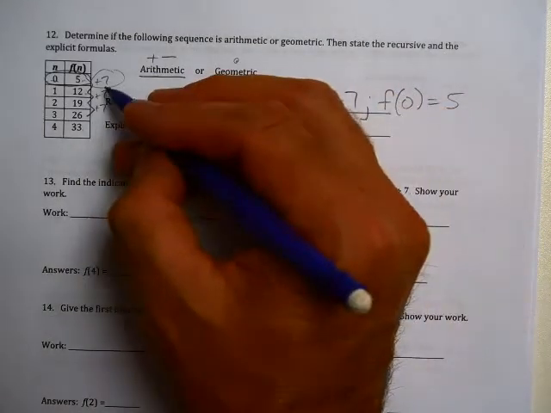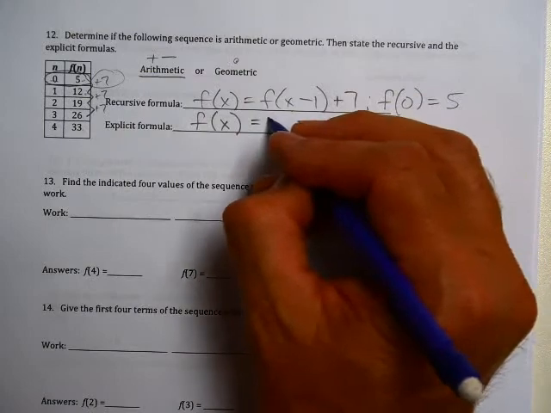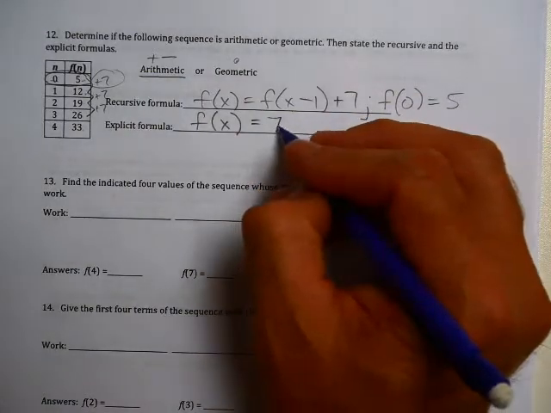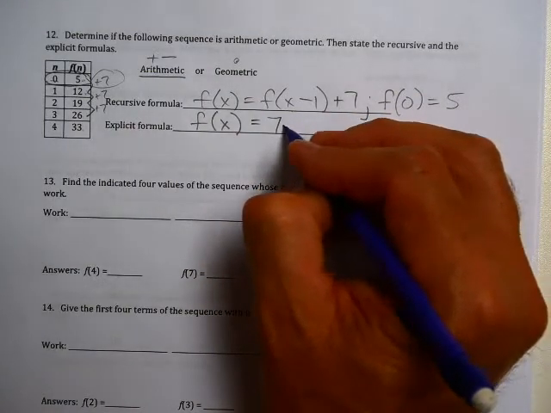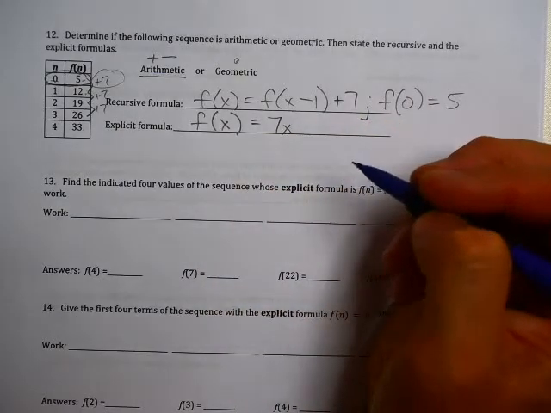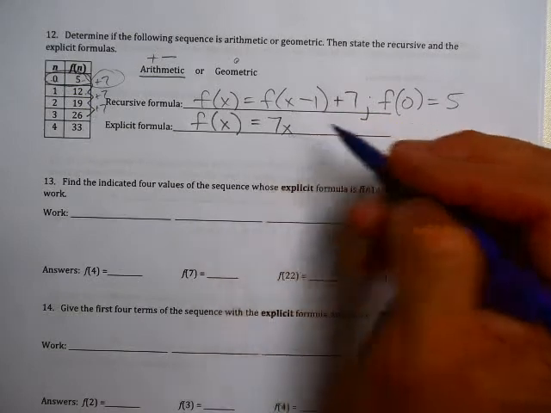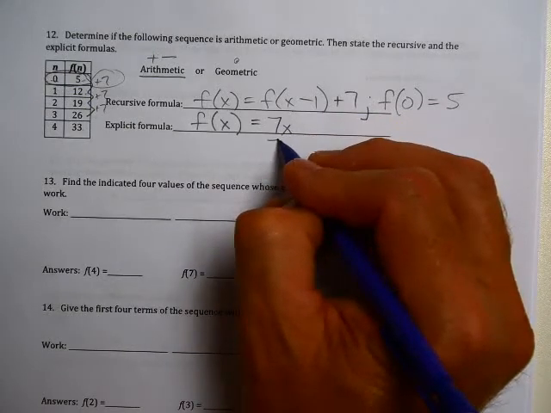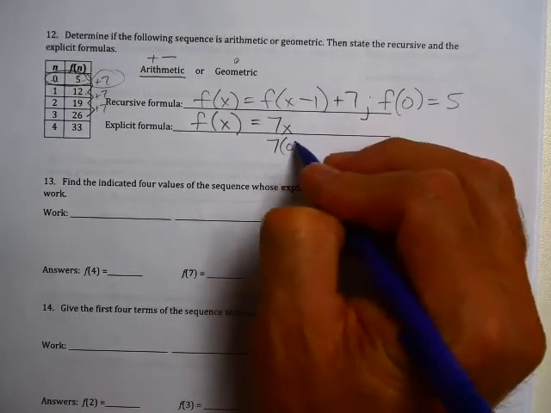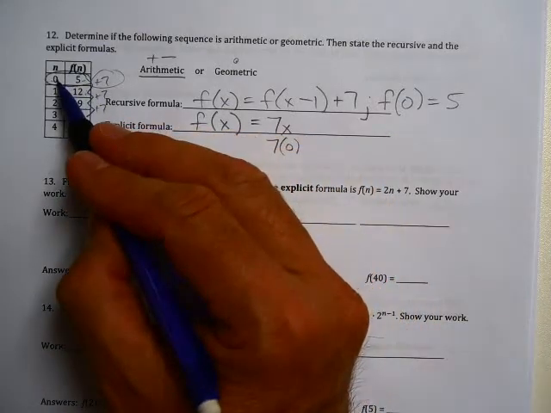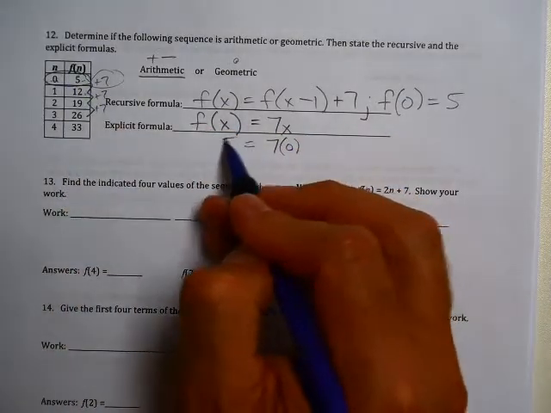So I take the what's going on. What am I doing to get to the next term? That's 7. I'm adding it over and over again. Multiplying is an efficient way mathematically to add over and over again. How many times am I adding 7? As many as I want. But now if I go 7 times 0, if I plug in the value for the first point, I have to get 5.